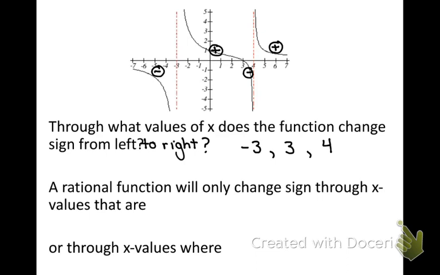Now, it's important to realize that these x values made the list for different reasons. -3 and 4 both made this list because those were x values where my graph changed from positive to negative or negative to positive, but they were x values where the graph didn't exist.